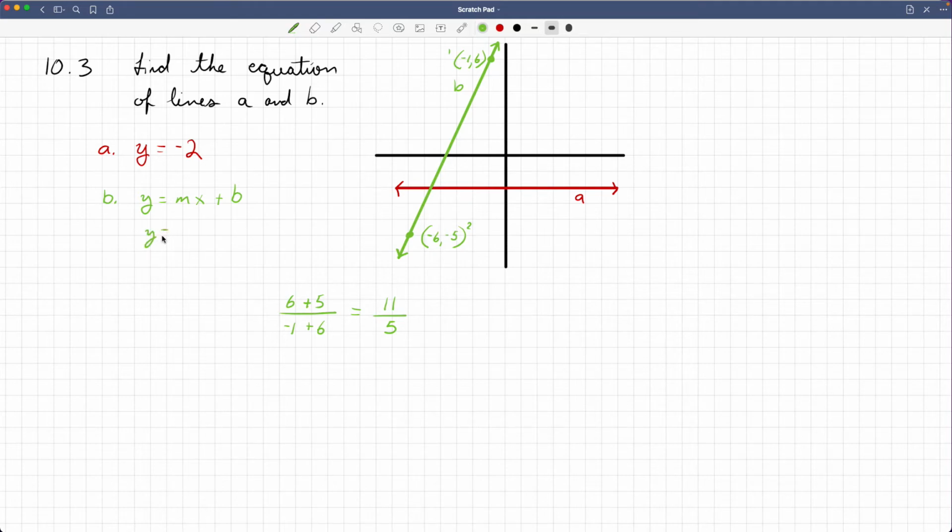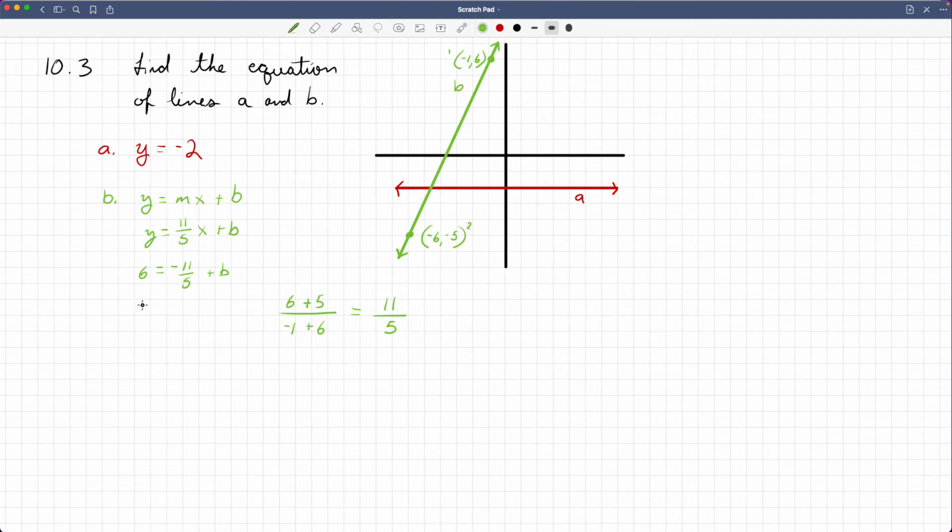So y is equal to 11 over 5 x plus b. Now all we need to do is sub in one of the points. So let's do that. I'm just going to use the first point, -1 and 6. So 6 is equal to, since this is a -1, I'm just going to go ahead and multiply, make this -11 over 5 plus b.